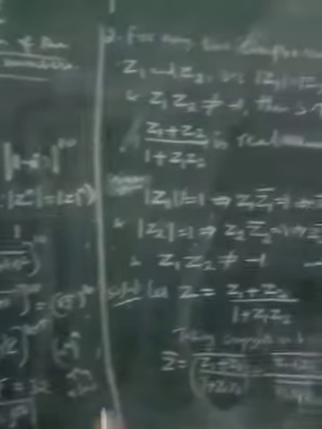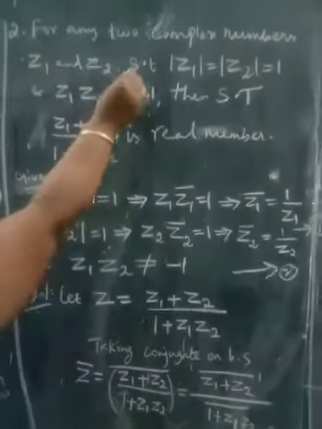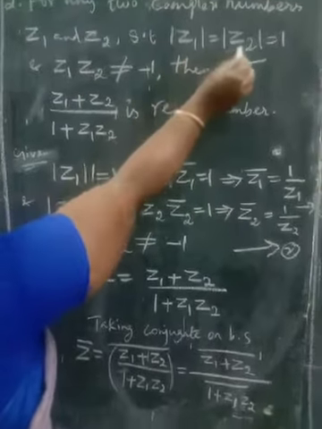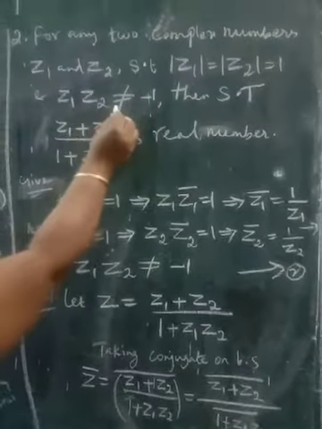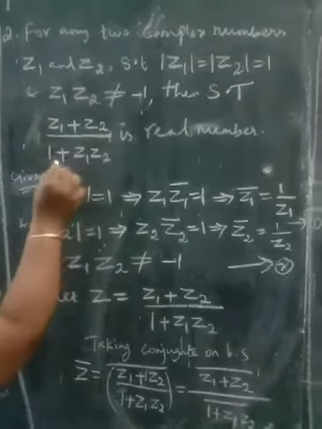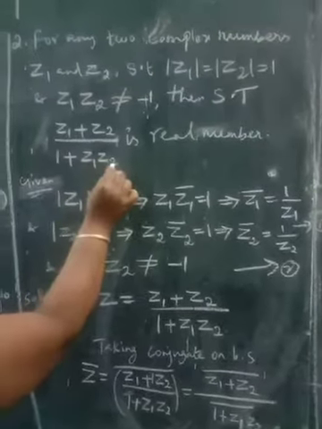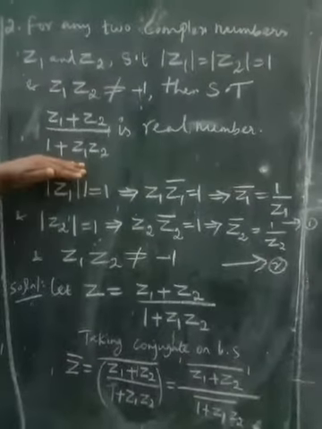Next, the second problem. For any two complex numbers z1 and z2 such that mod z1 equals mod z2 equals 1 and z1 into z2 is not equal to minus 1, show that (z1 plus z2) by (1 plus z1 into z2) is a real number. Okay, first you have to understand the problem.